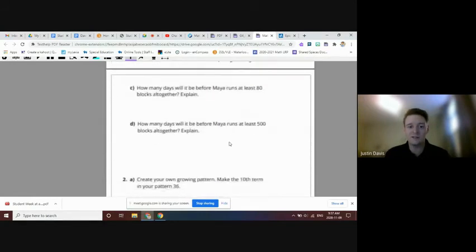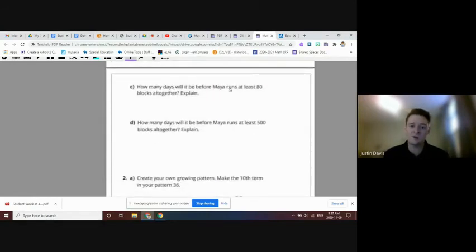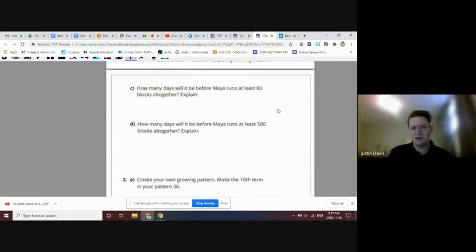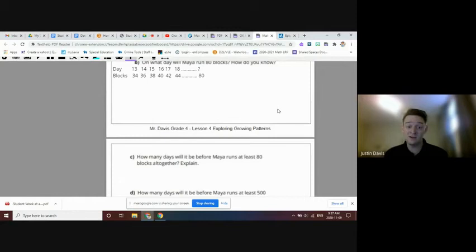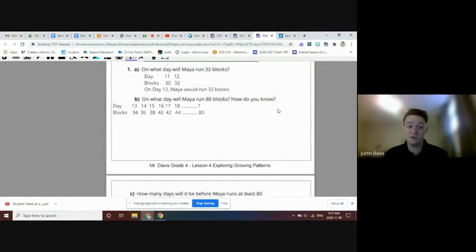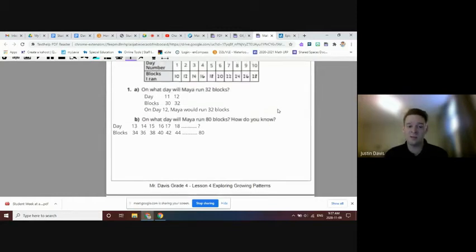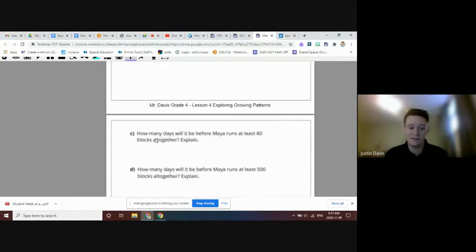Okay, so in C, it says, how many days will it be before Maya runs at least 80 blocks altogether? So for this question, we want to know how many days it will take her to run 80 blocks altogether. So what that means is we're kind of adding her blocks up as she goes. So after 1 day, it's just going to be a different type of chart.